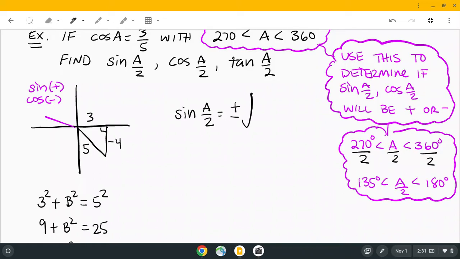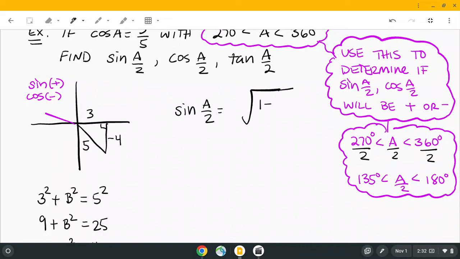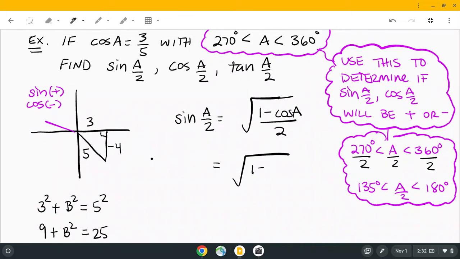When we do this, we already know which of the two, positive or negative. We already know it's going to be the positive one. It's going to be the square root of 1 minus cosine A, all over 2. Then we plug in for cosine A: 3 over 5, all over 2.